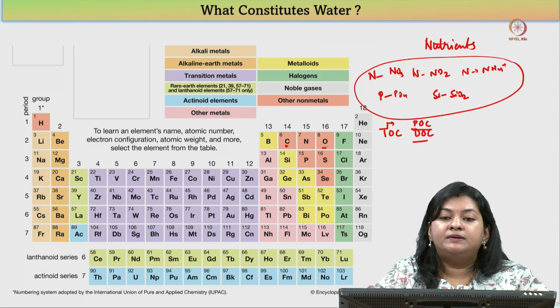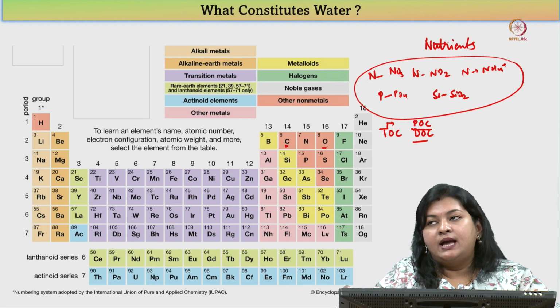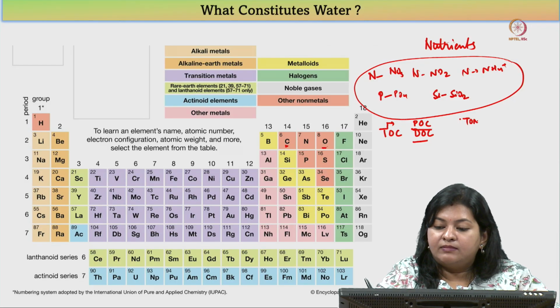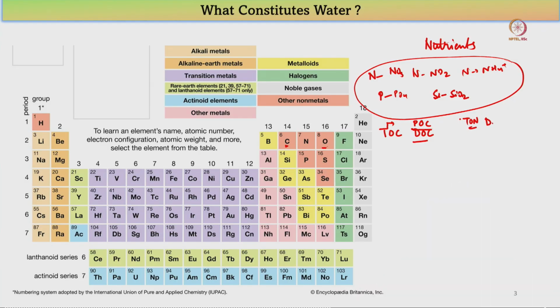So, my TOC will be measured, DOC will be measured, and similarly for nitrogen we can measure TON, that is my organic nitrogen, and DON, that is dissolved organic nitrogen. Okay. So, for carbon and nitrogen, these kind of measurements are very commonly done.